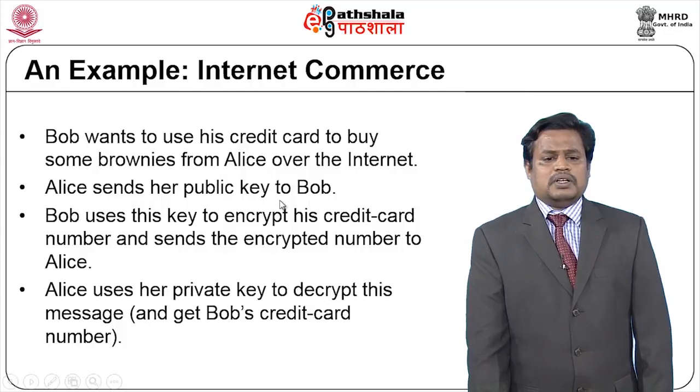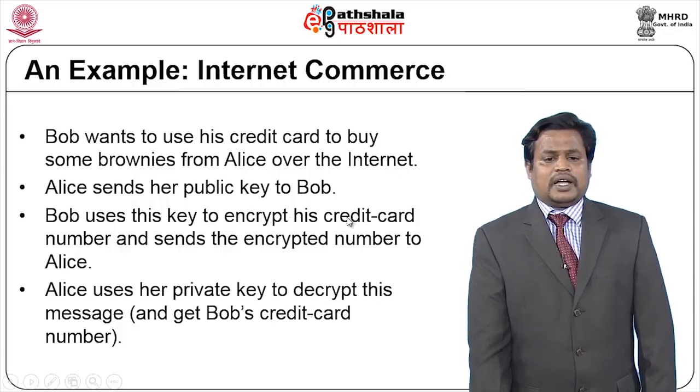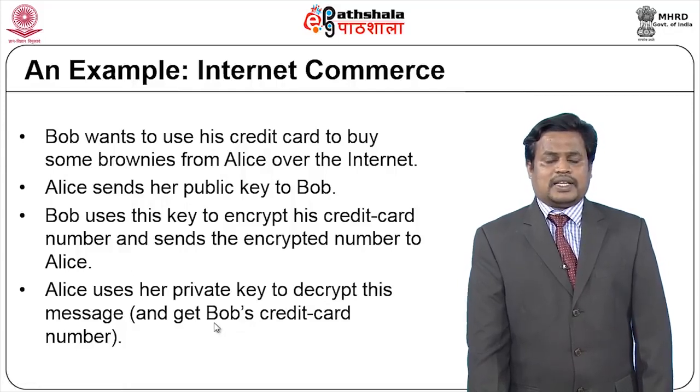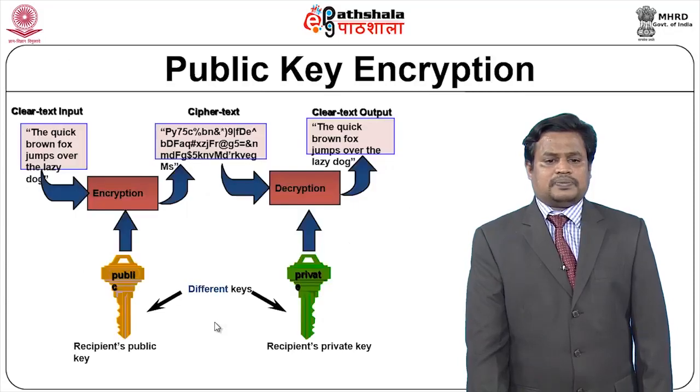Now Bob receives the public key of Alice and he is encrypting the credit card number and sends the encrypted number to Alice. Alice uses her private key to decrypt the message and finally gets back the number. This is what exactly happens on our internet.